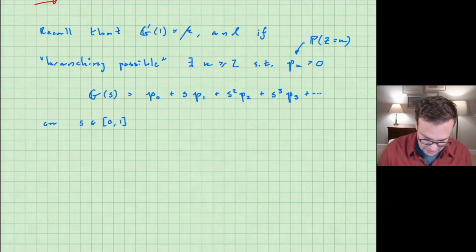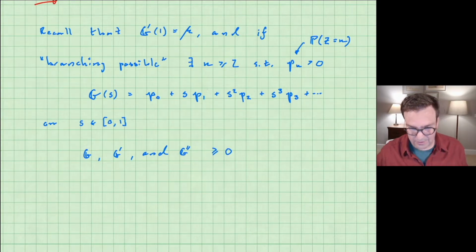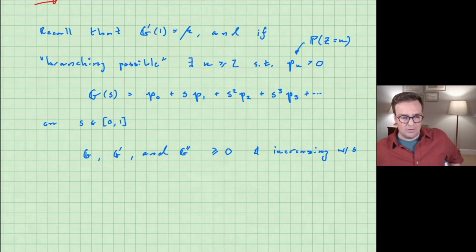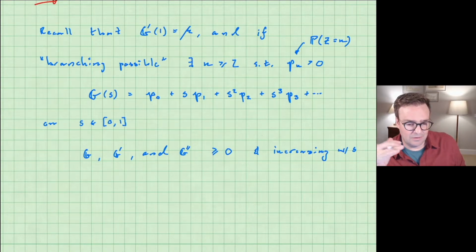So G prime and so on and higher, these are all greater than or equal to 0 on that interval, and they're increasing functions of s. I guess you can see that because each derivative is always positive. So if G prime is always positive, you're always increasing, or at least you're never decreasing. I should have said it that way before.